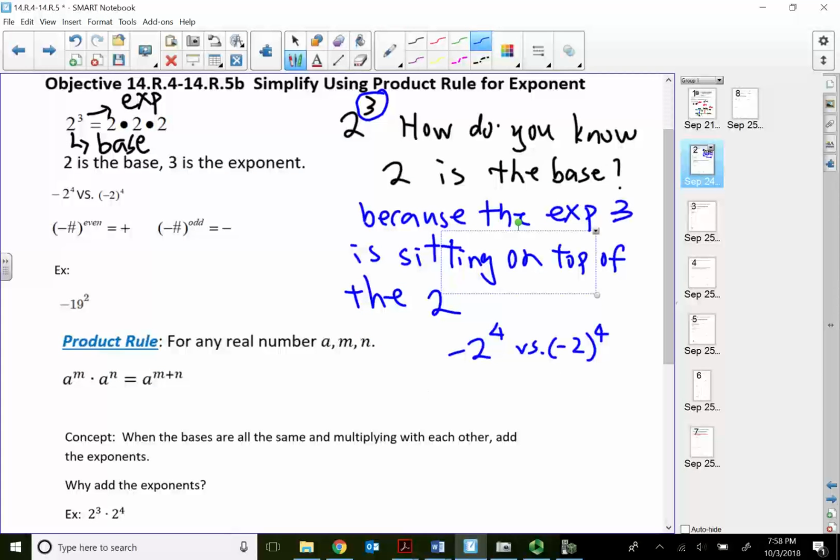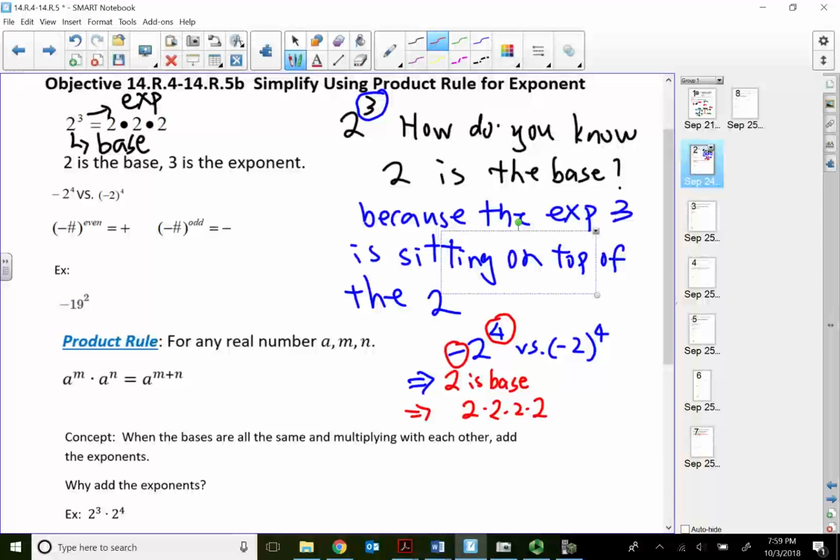The difference is not just that the answers are different, it's who the exponent is sitting on. If you look at this, the exponent 4 is sitting on top of the 2, not negative 2. That makes 2 the base, so 2 times itself 4 times.